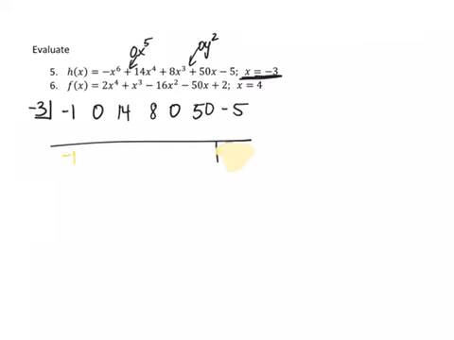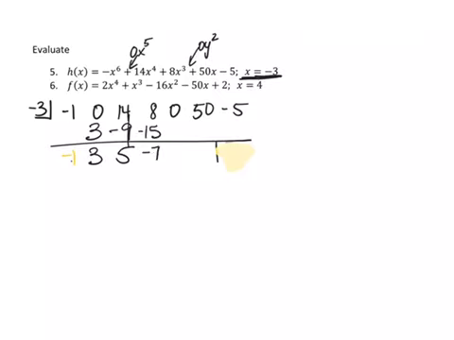All right, so -1, bring it down. Multiply, -1 times -3 gives me 3. Then we add 3. Multiply 3 times -3, -9. Add 5. 5 times -3, multiplying by the number in the box, -15.